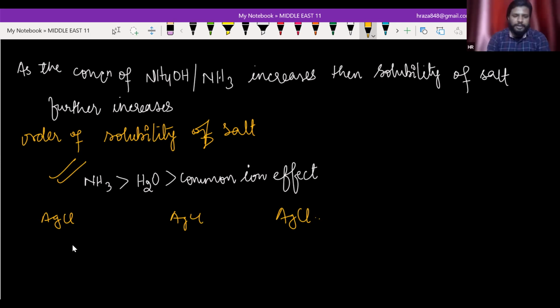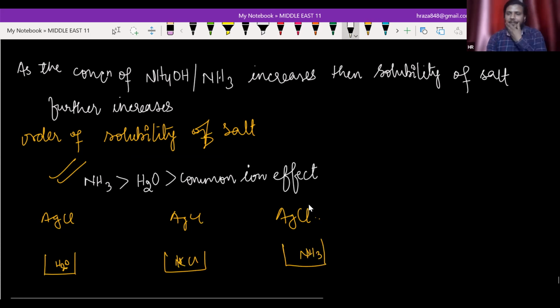Now see, this AgCl will first dissolve in water. Again, this AgCl is going to dissolve in KCl, and this AgCl you are going to take in NH3.